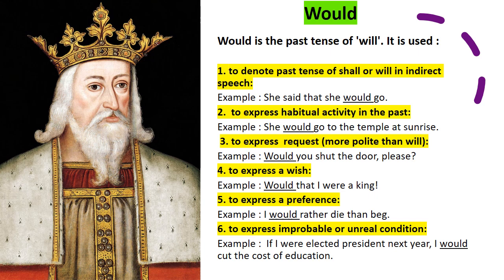Next use, to express habitual activity in the past. The action which you used to do in the past often. For example, she would go to the temple at sunrise. So this was her past habit of going to temple in the morning at sunrise.